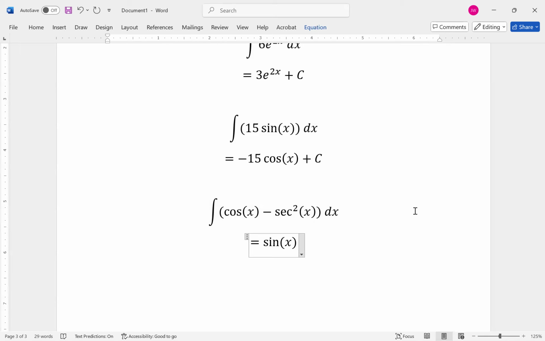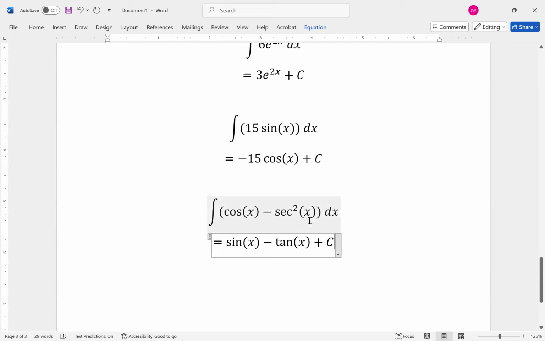So if I have a minus secant squared, the antiderivative will be negative tangent of x. And then I tack on a plus c to the end of all of it. So the antiderivative of cosine gives you sine, the antiderivative of secant squared gives you tangent, and therefore my final answer is sine of x minus tangent of x plus c.